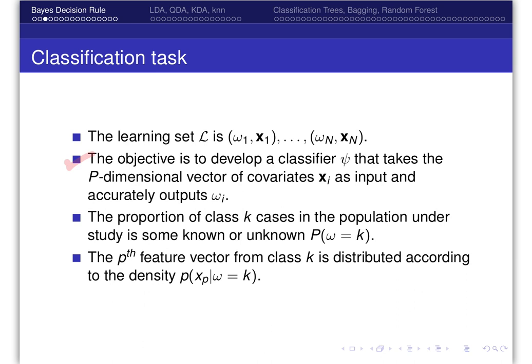For a classification task, each observation belongs to one of k classes, and the proportions of observations in class k are denoted using this notation, which may be known or unknown. The pth feature vector from class k has a class conditional density function denoted using this notation.